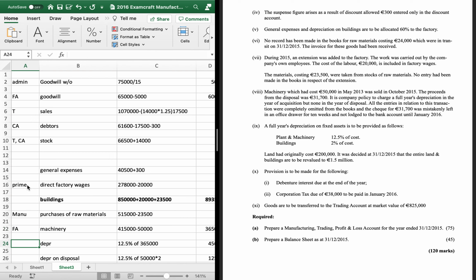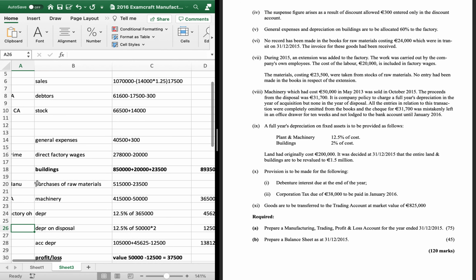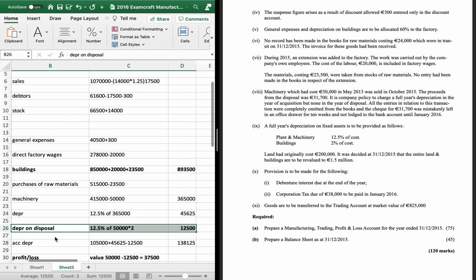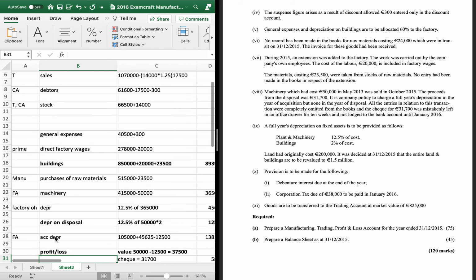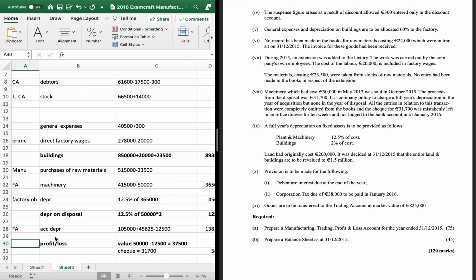The depreciation of machinery is factory overhead. Depreciation on disposal, we're not doing anything with that. I just had to work that out, so I was using that to work out my accumulated depreciation, which is going in the fixed assets. So that depreciation on disposal doesn't go in. The profit or loss on disposal is a loss, so it's a factory overhead.